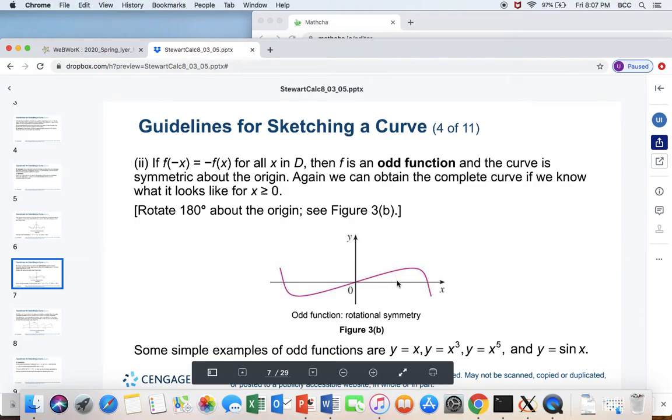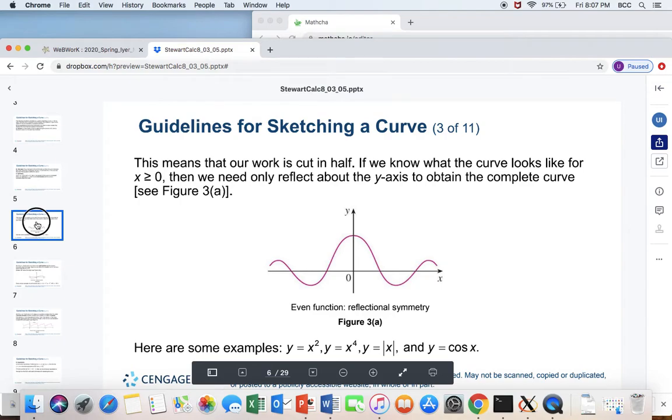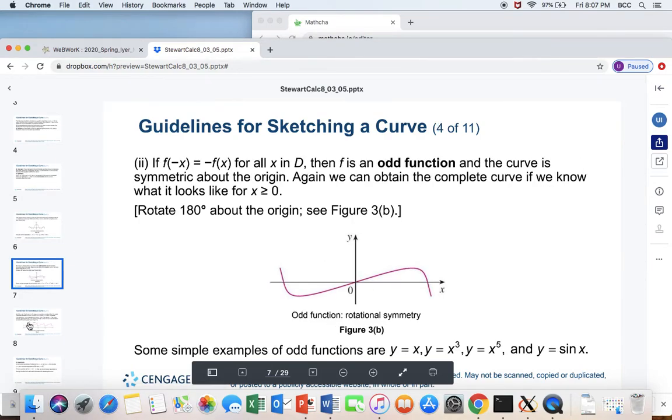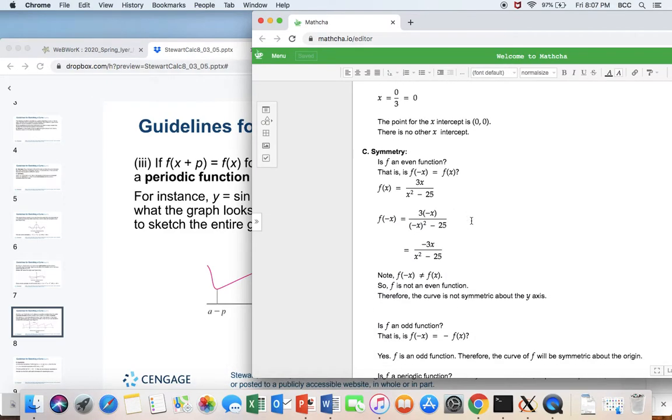If I rotate this 180 degrees, this half comes here, this half goes here. Perfect match. And the third kind of symmetry is periodic. So here is period P. The picture repeats. All right, so even, odd, periodic.